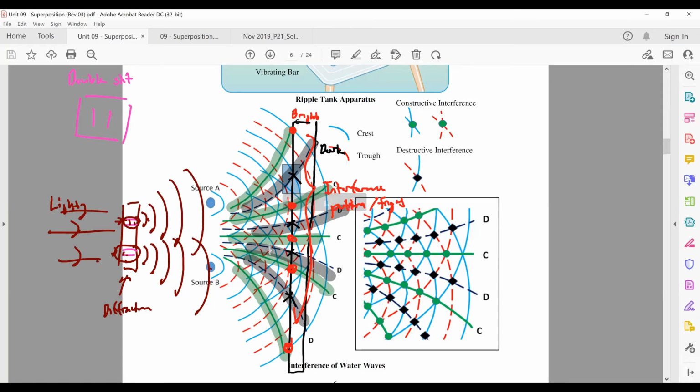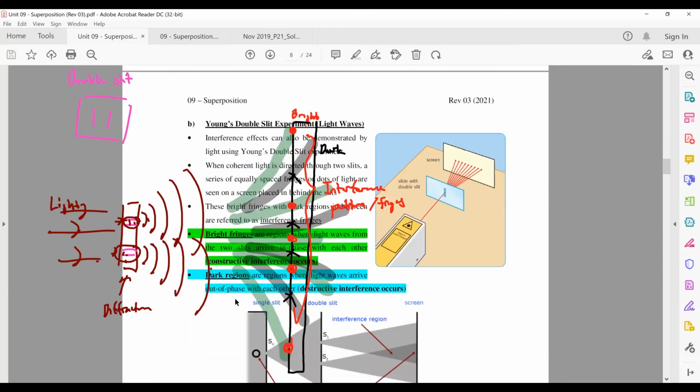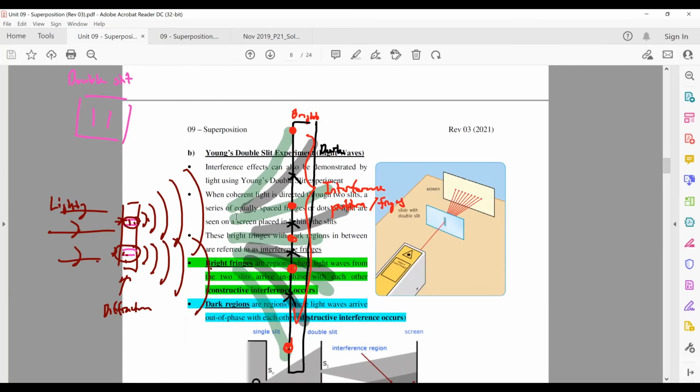Okay, that's why here we tell you, when you direct a light through slits, you see a series of equally spaced fringes or dots of light on the screen placed behind the slits. So what you're seeing here is the light hits the double slit, and then after that, this is the screen.